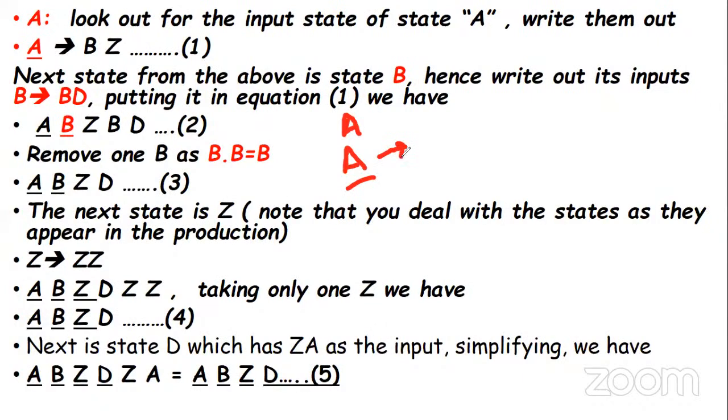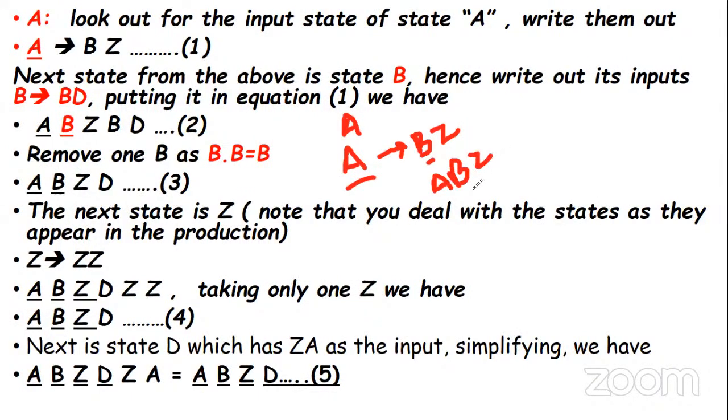So the input for A is what? B, Z. So if you now look at this, the next state you are seeing is B. Now, once you have written this, this stroke under A means that you have processed A, right? So the next thing is you write A, B, Z.